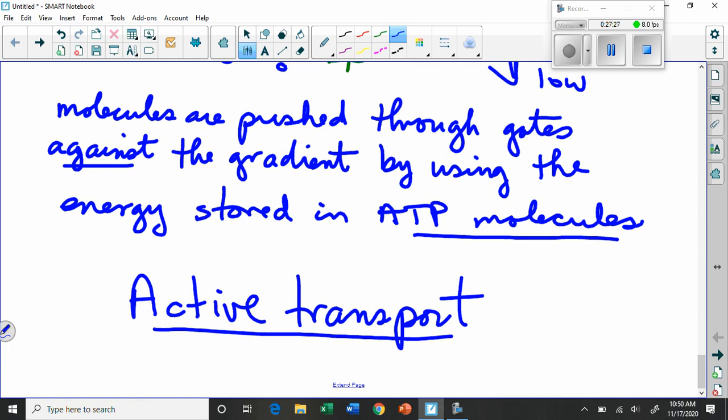So that's another way that cells can get things inside, but it costs them energy. So in order for cells to do this, they're going to have to also have a way to gather energy. In other words, they have to eat constantly to replenish their energy so they can continue to function by moving things in and out of their cell membrane.